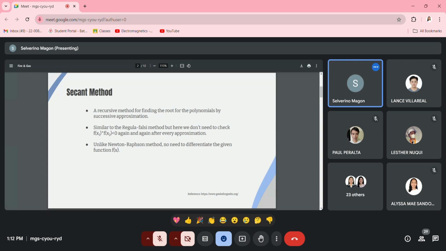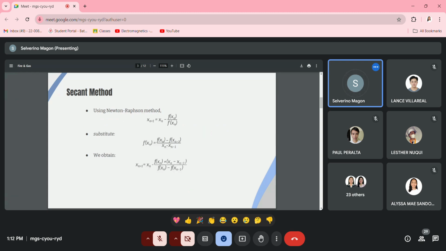Okay, so to begin, let's try to recall what we covered last time. So we have Newton's method, right? If you've seen the materials last time, these were already posted in the file section or in our classroom.